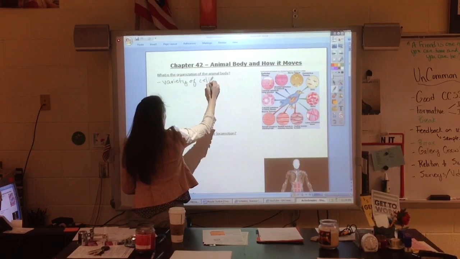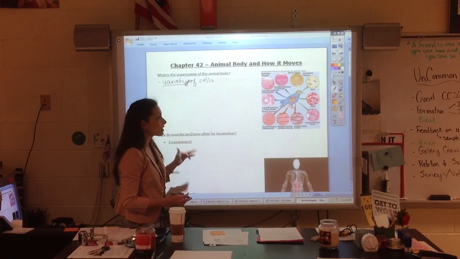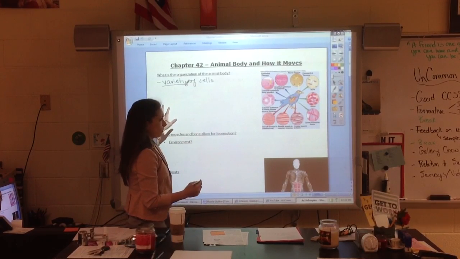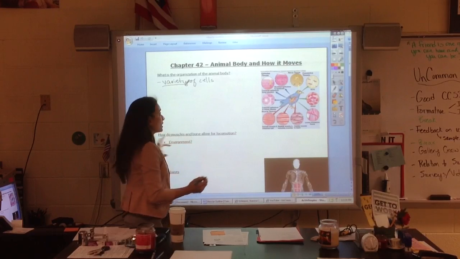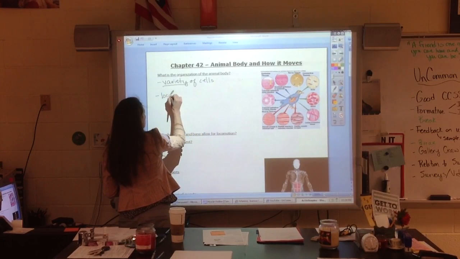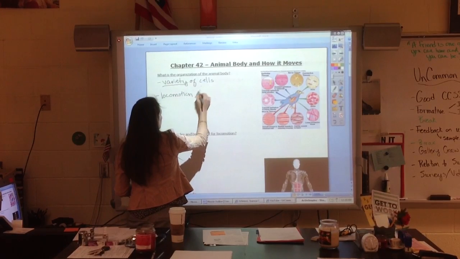So this is where, of course, cell differentiation is going to come into play, and the idea that not all cells are the same. And when we look at the animal body, we are going to focus a little bit on locomotion and/or transport.